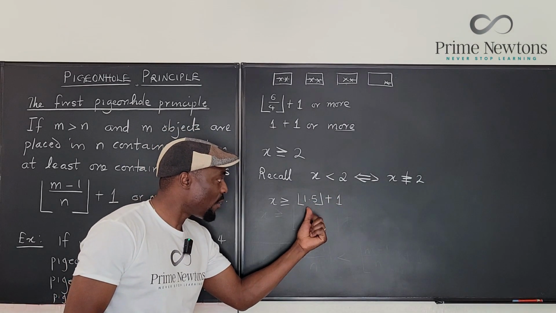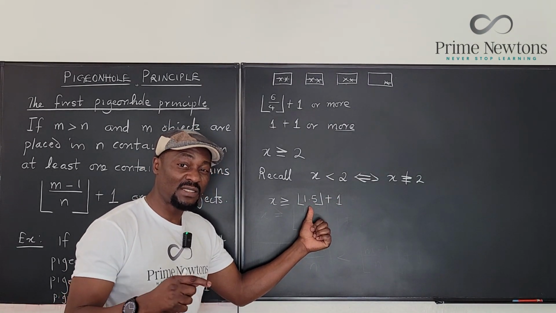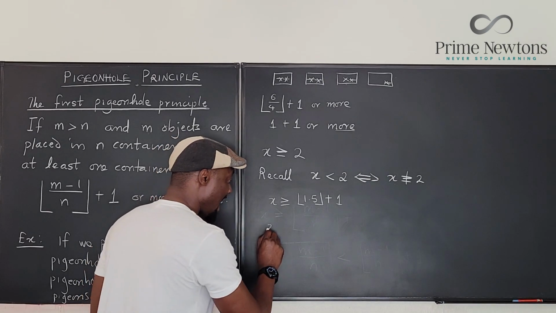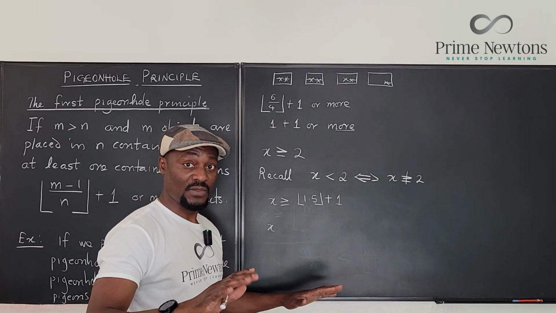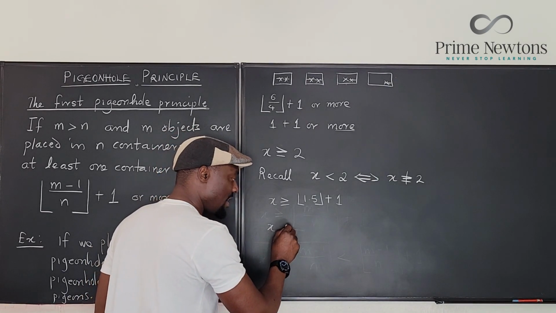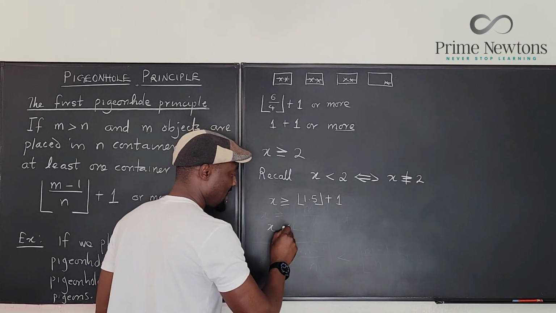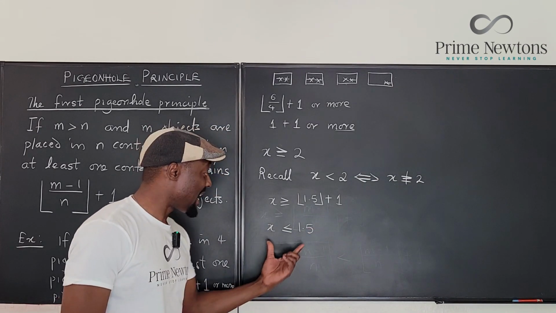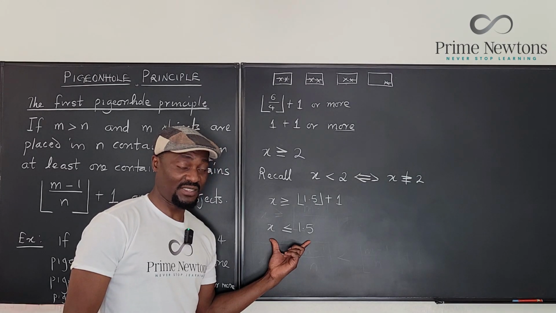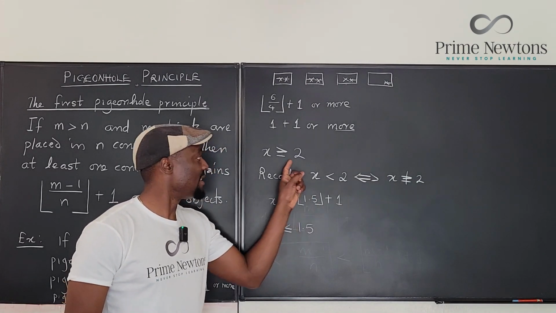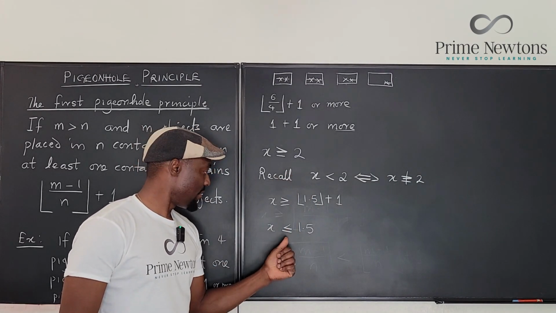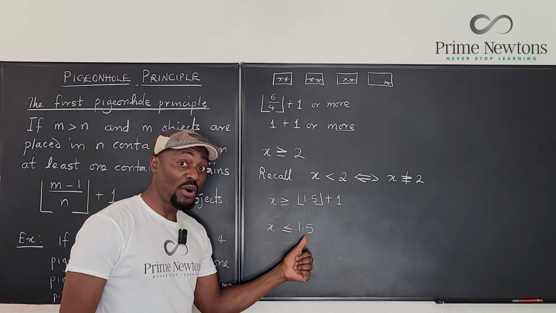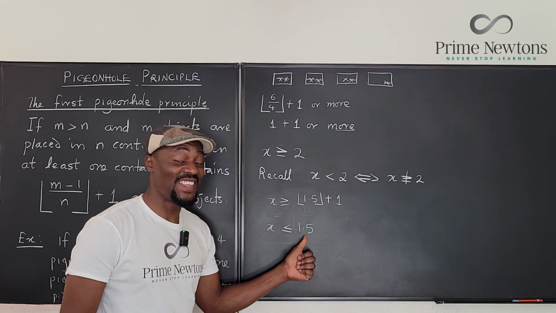We know that 1.5 is strictly less than 2. So if I say x is at most, the maximum is less than or equal to 1.5, if I can find x to satisfy this, we know it will never satisfy this, because we know 1.5 is less than 2.